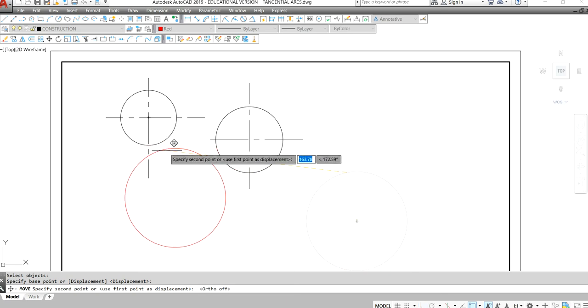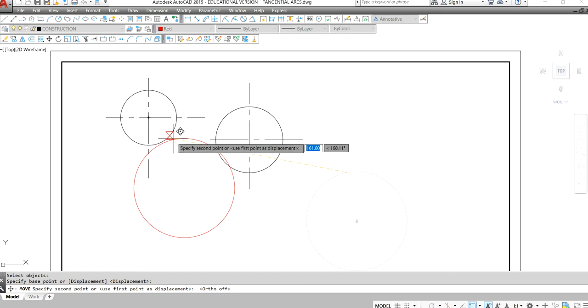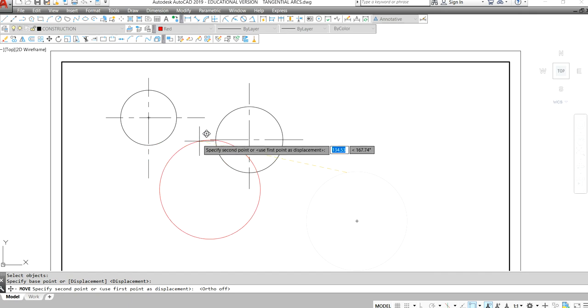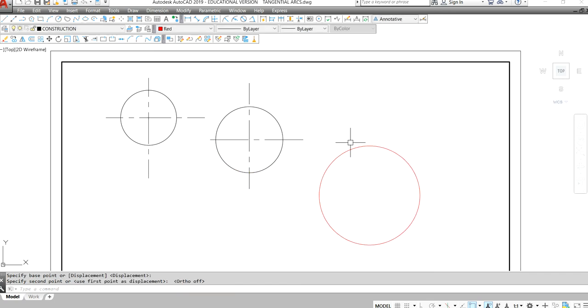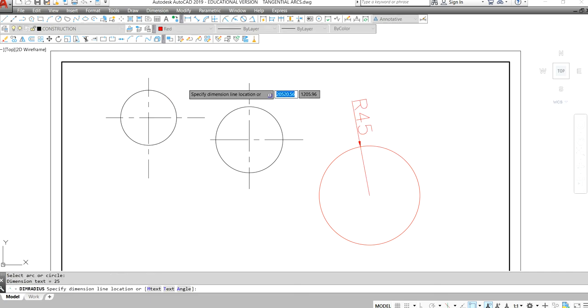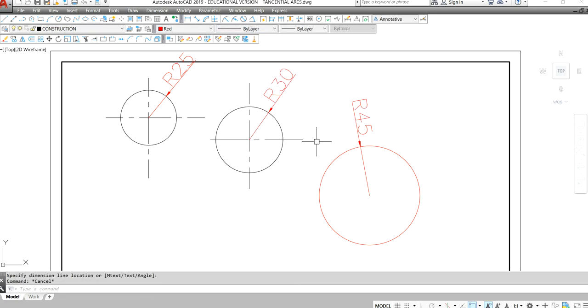But as you know, I cannot work like this because I don't know the exact center. So what I have to do is a simple calculation. And the calculation is just addition. So here we have 25 radius and 30 radius.